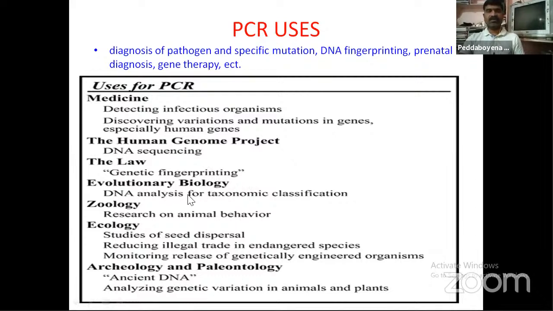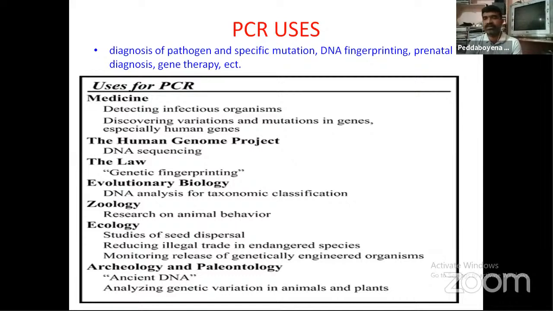Evolutionary biology uses DNA analysis for taxonomic classification, and in zoology, research on animal behavior, and in ecology, studies of seed dispersal, reducing illegal trade in endangered species, and monitoring release of genetically engineered organisms.